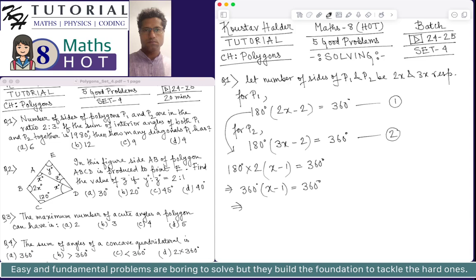If we ignore the degree, we get 360 multiplied by x minus 1 is equal to 360. We can cancel out 360 from both sides and we get x minus 1 is equal to 1. This implies x is equal to 1 plus 1, which is equal to 2. x is 2.